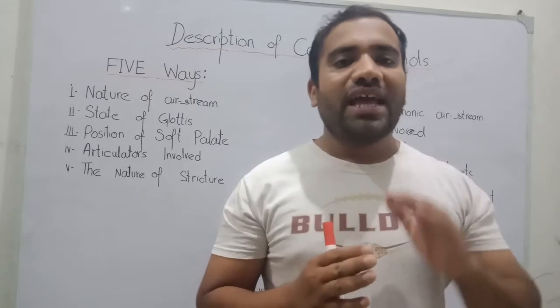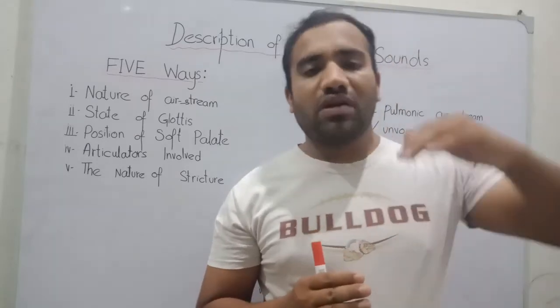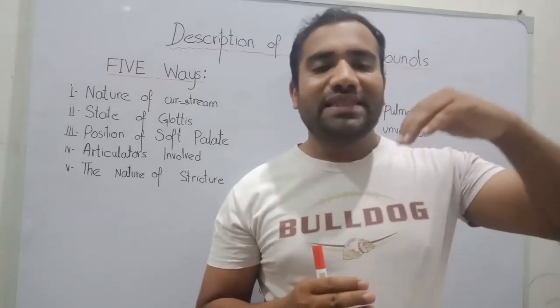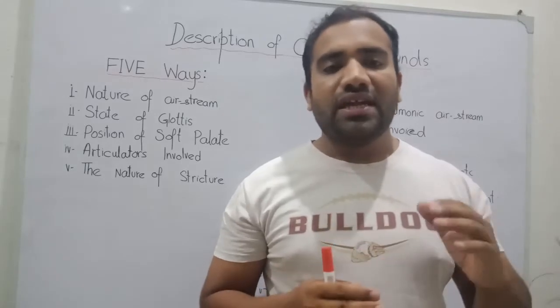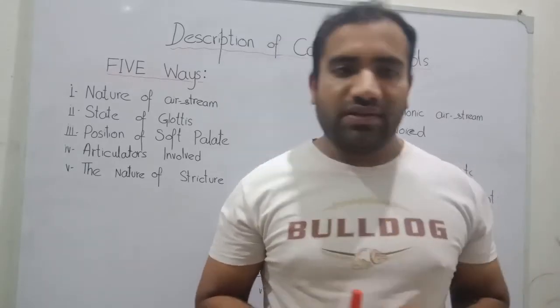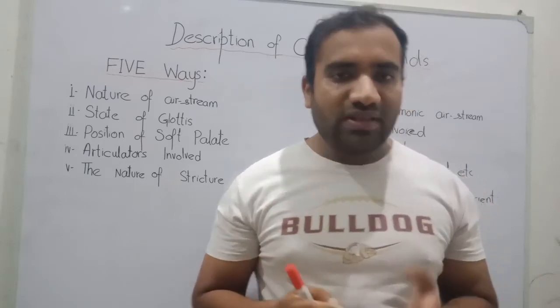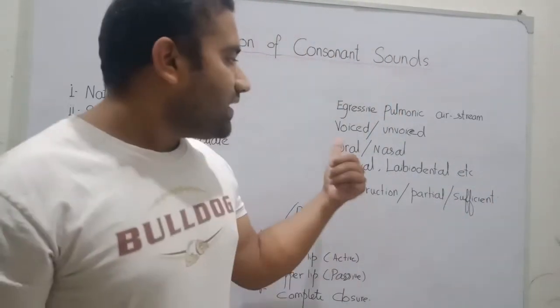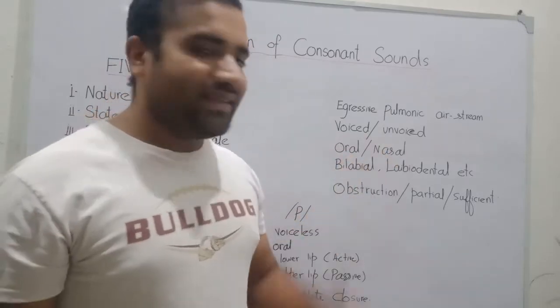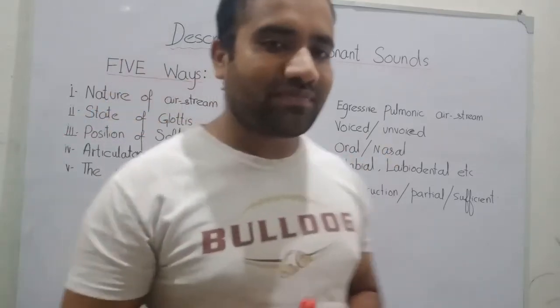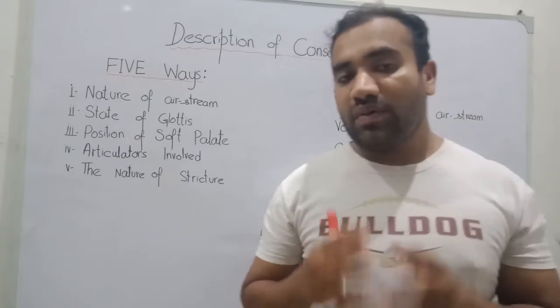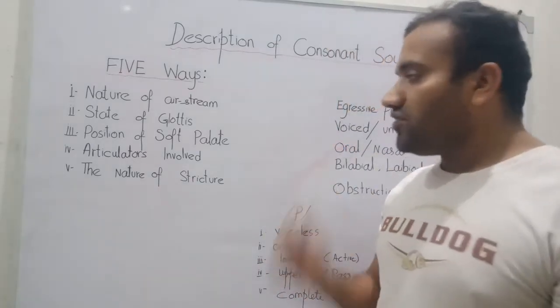And if it moves upper and blocks the nasal passage, the air comes through your oral cavity. In this way we can say that the sounds are either oral or nasal sounds.